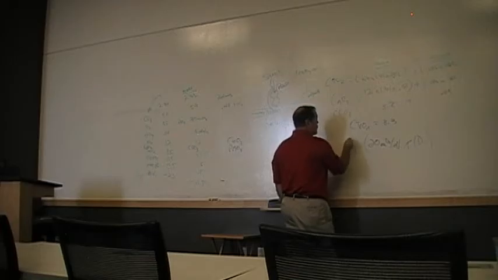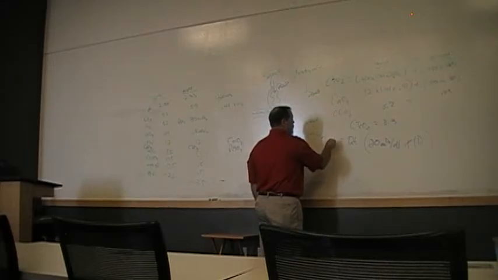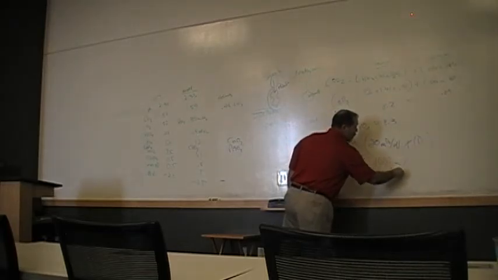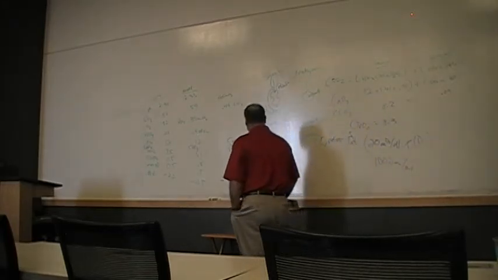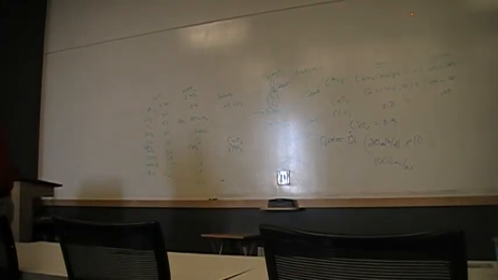Oxygen delivery is 5 times 20, which is about 1,000 milliliters per minute. So if our content is 20, then every minute we send out 1,000 milliliters of O2. That's oxygen delivery, and all we do is take our content times the cardiac output.